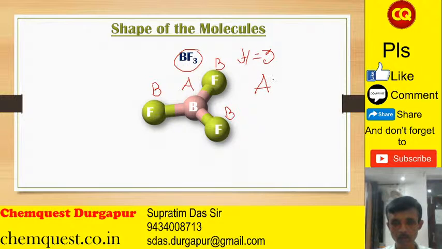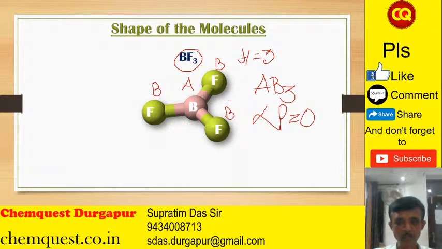AB3 without any lone pair, means lone pair equal to 0 here. Okay, then AB3 type, and B are the non-central atoms and boron is acting as the central atom.